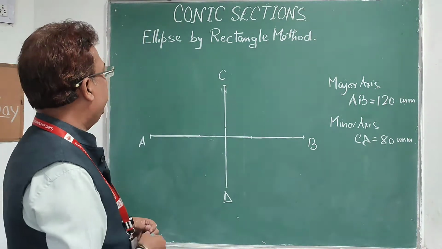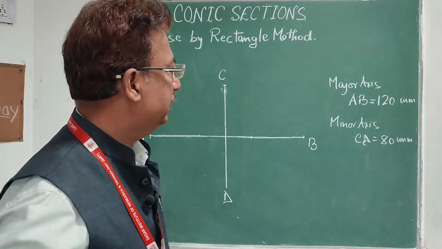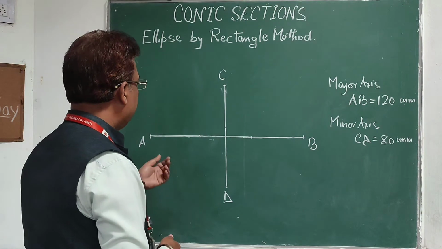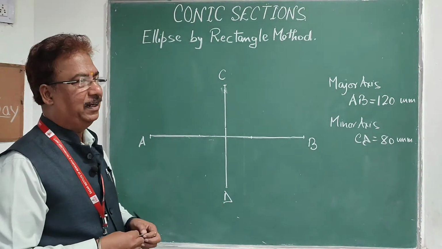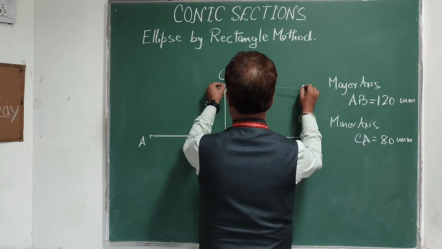Now this time I am going to use a method that is known as rectangle method. As the name suggests, I am going to bound these two lines inside a rectangle, and that will be a rectangle of size AB and CD.